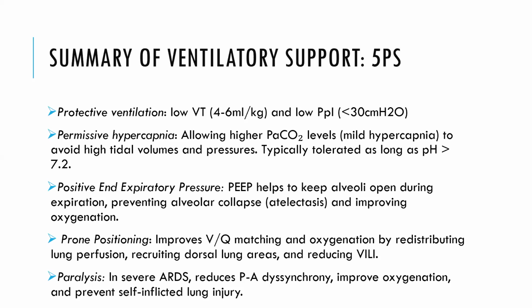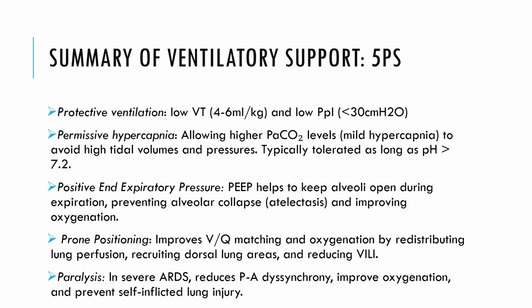Somebody mentioned muscle relaxant. Sometimes with these patients, you are not able to achieve adequate IE ratio and improve oxygenation, and you may need to give the patient some muscle relaxant, some muscle paralysis.